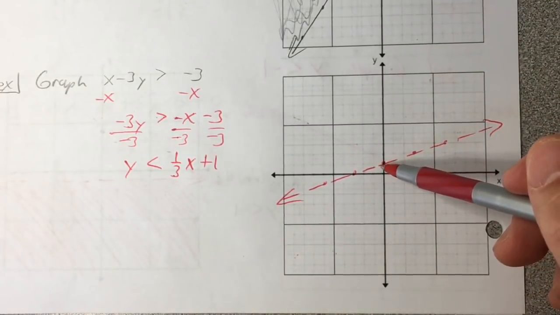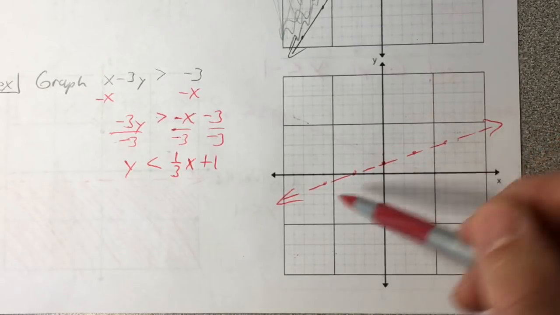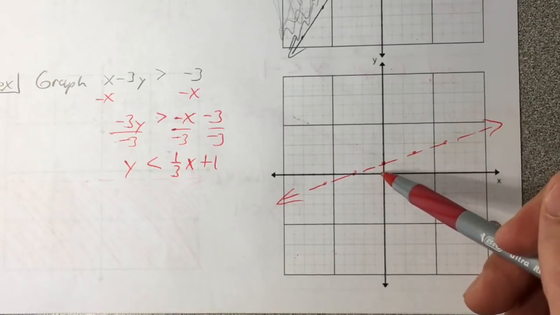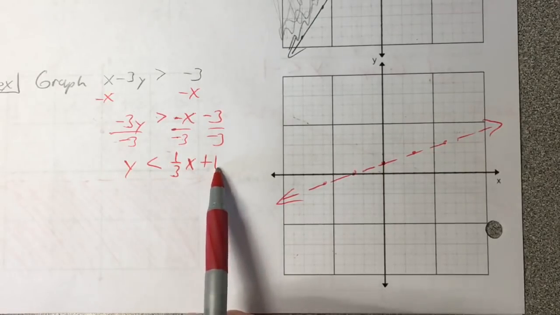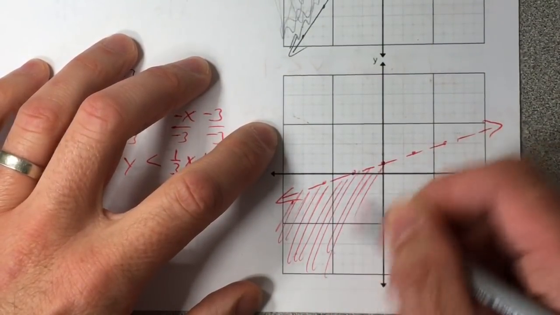Would it make sense to shade above or below if it's less than? It makes sense to shade below. But again, you could use a test point. I'm going to use 0, 0. If I put a 0 in here and a 0 here, is 0 less than 1? It sure is. That's the side that I'm going to shade.